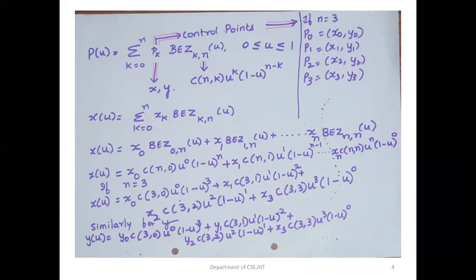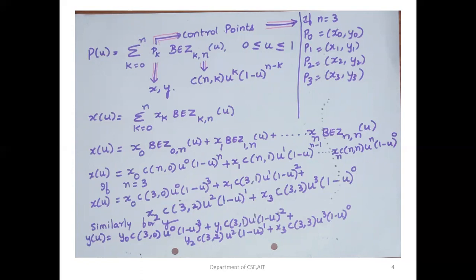Coming to the Bezier equation, we know that P of u is equal to summation of k equals 0 to n, Pk, BEZ of k comma n of u. Here Pk is the control points, which are P0, P1, P2 and P3. So k is varying from 0 to 3 because n is equal to 3.